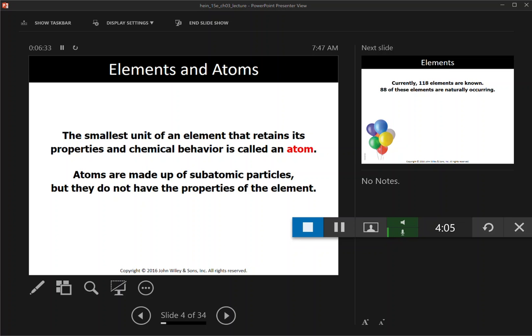And we're going to cover some subatomic particles. Those are the particles that atoms consist of. We're going to look at their names, their properties, and how many of those subatomic particles each atom has. And based on the subatomic particles, we're going to look at the interaction of different elements.